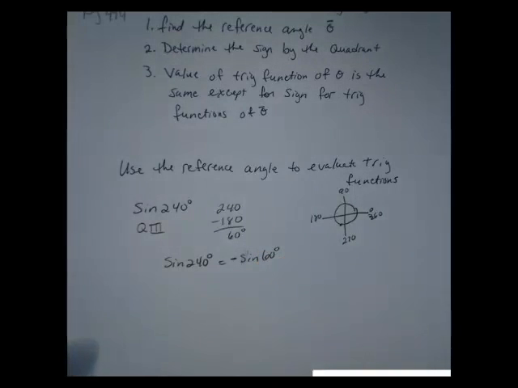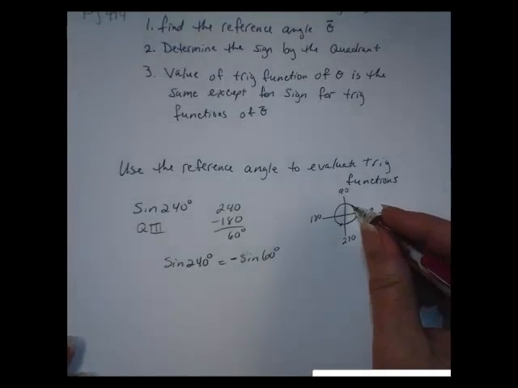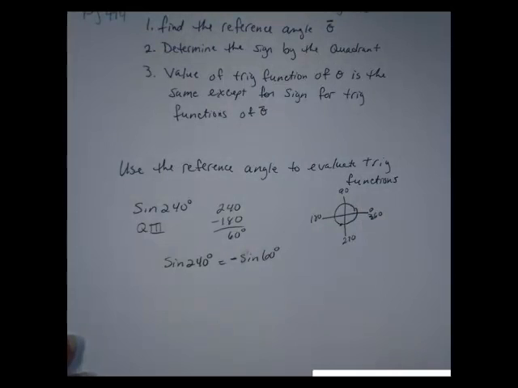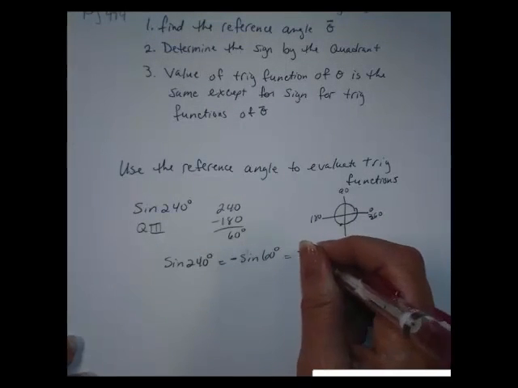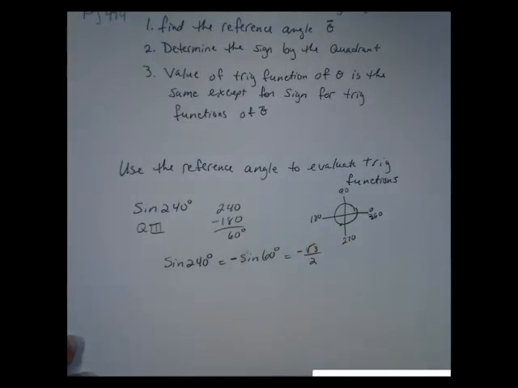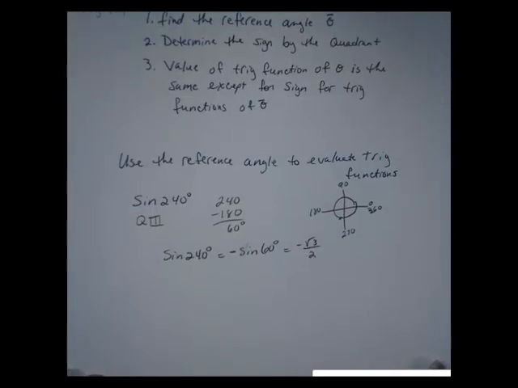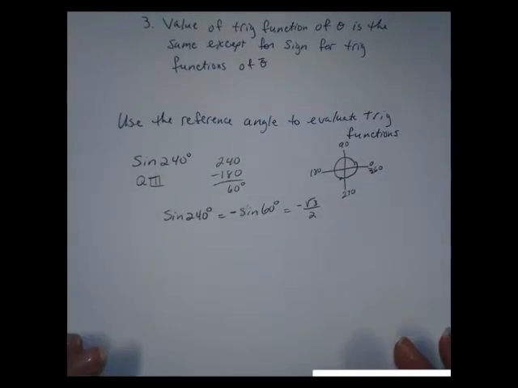If we think about what our terminal point in quadrant 1 would be for the sine of 60, and 60 is equal to pi over 3 in quadrant 1, the value of sine there is going to be the square root of 3 over 2, so the answer is negative the square root of 3 over 2. So that's you using your unit circle. You might want to have that handout handy for you to be using throughout this.